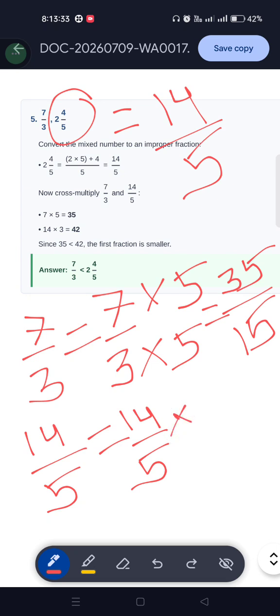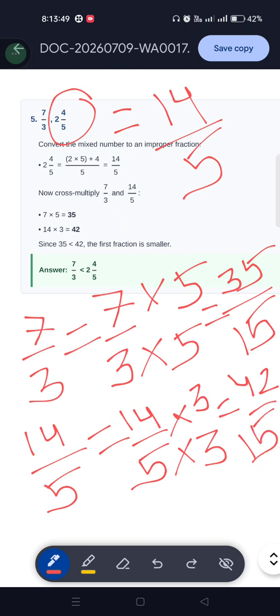So here you will multiply by 3, because the denominator of the first fraction is 3. So you will get here 14 times 3 is 42 upon 5 times 3 is 15. Okay, 7 times 5 is 35, 3 times 5 is 15, 14 times 3 is 42, and 5 times 3 is 15.